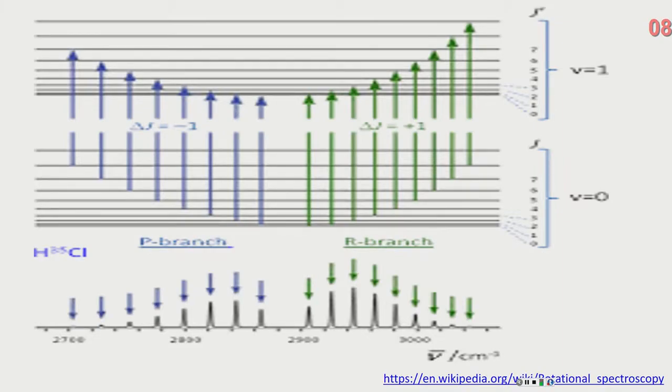So this figure is for a diatomic molecule. We have the ground state of the oscillator, with zero oscillations, and the first excited state of the oscillator. But these vibrational states do have vibrational sublevels.